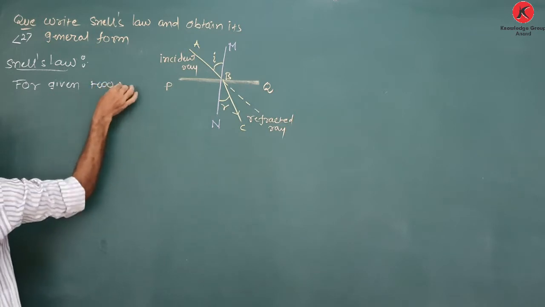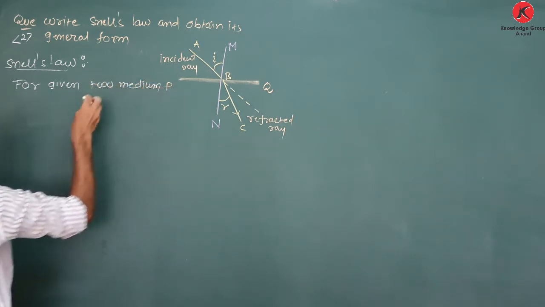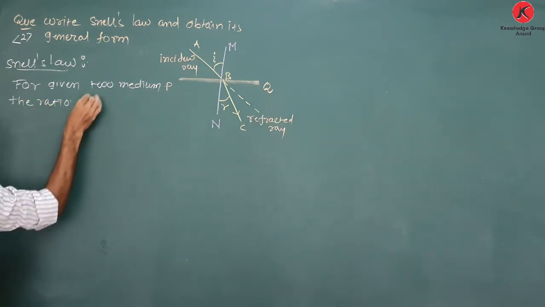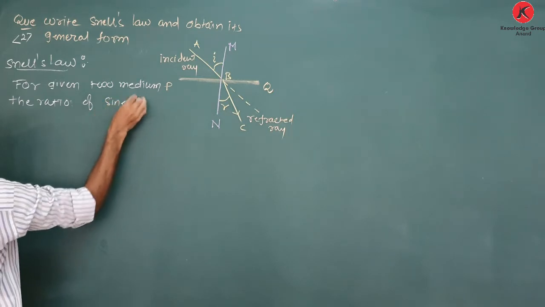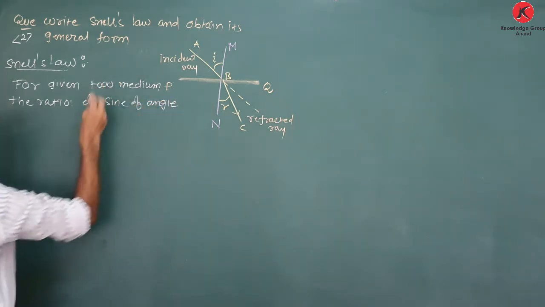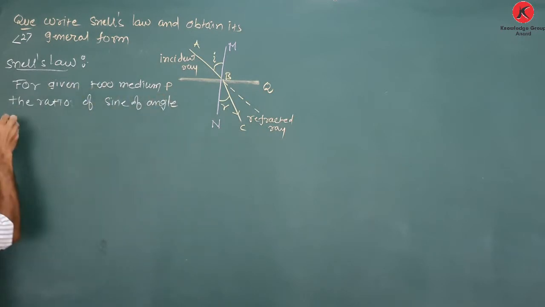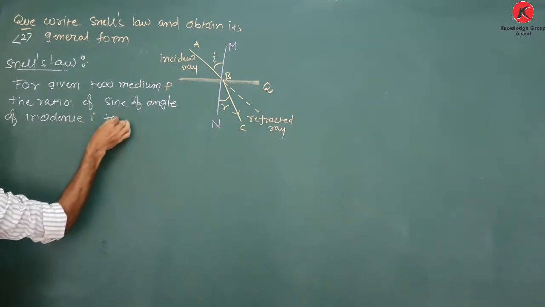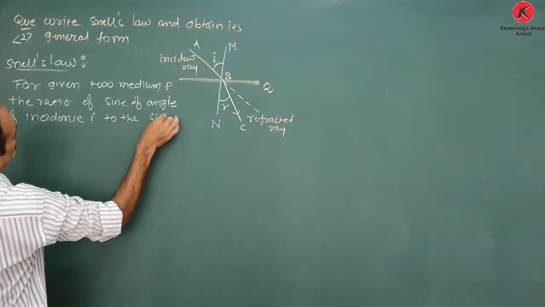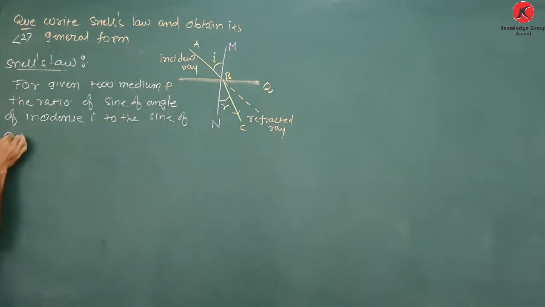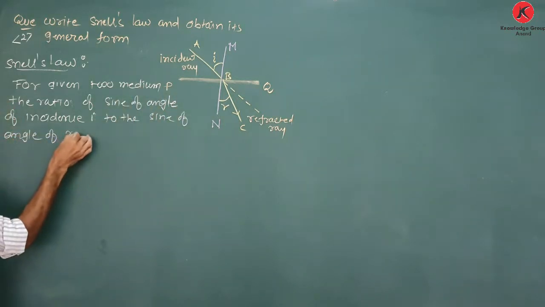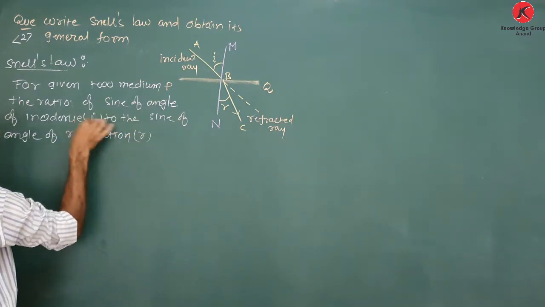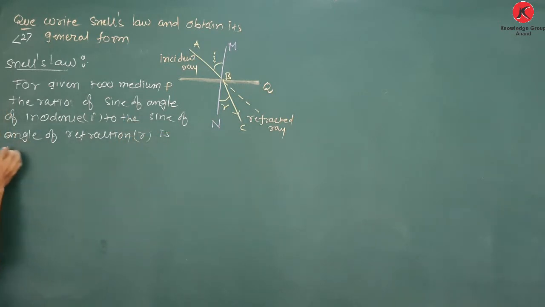For given two media, the ratio of the sine of the angle of incidence I to the sine of the angle of refraction R is constant.